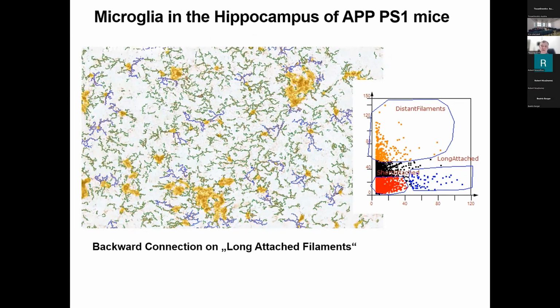You can do a backward connection, for example, here on the long attached filaments, which you see in blue. So not only do you see a separate dot plot from your image, but you can go from your gated area to check whether these are really the cells which you define with long filaments. That would be microglial cells which have not undergone senescence and fragmentation.